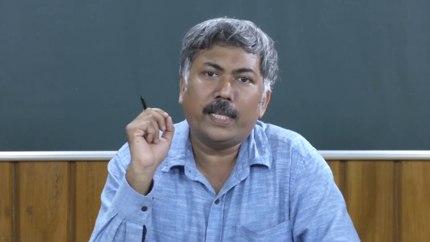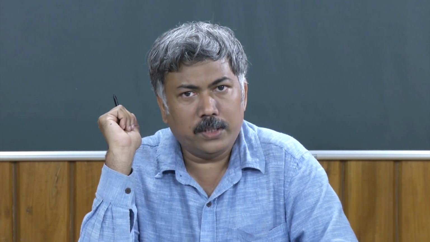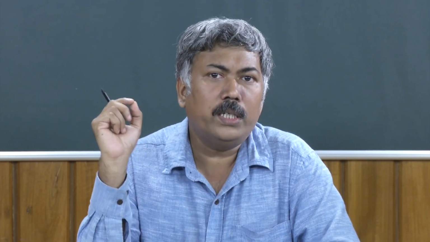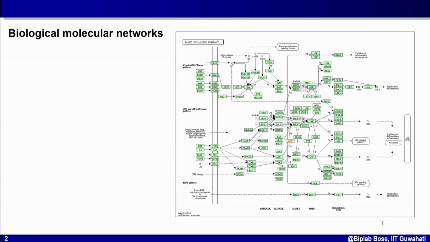And we want to create mathematical models for those dynamic processes, and particularly we want to create ordinary differential equation based models for them. So if you open any cell biology textbook, you may find the type of figure I have shown here. The figure I have taken from the KEGG database.